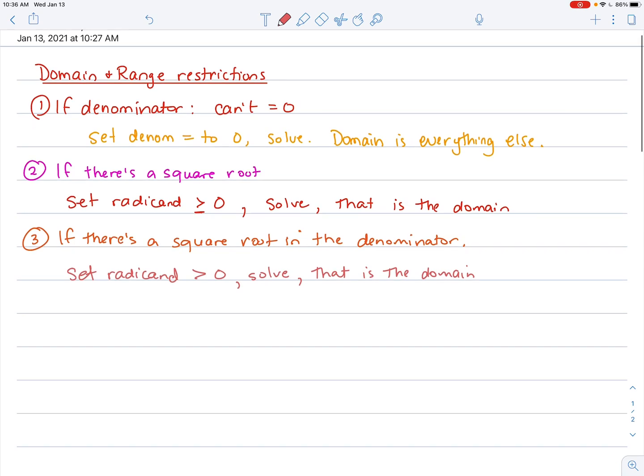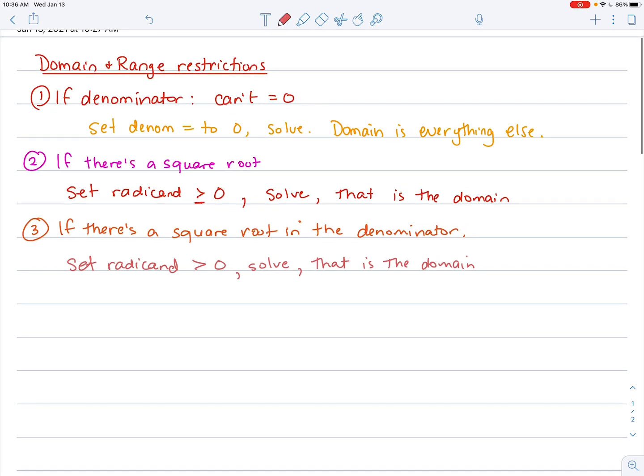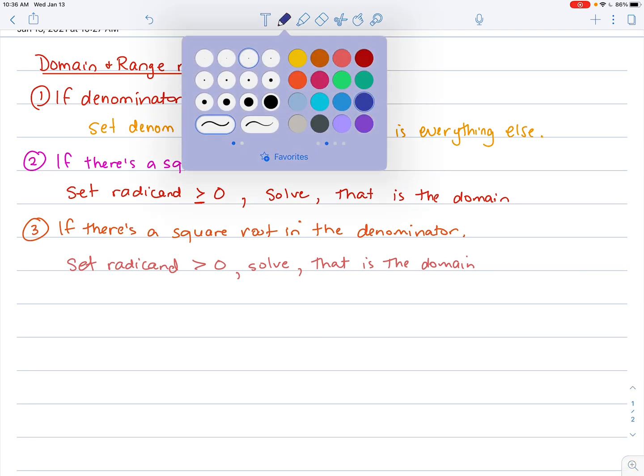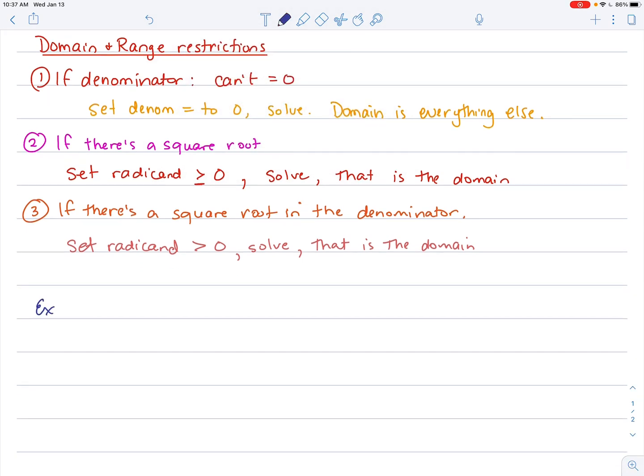The ones with the radicals are going to have a domain that's an inequality, and you're going to write it as an interval. But the ones that just have a denominator with no radical, the domain is going to be almost every number. It's just going to take out a number or two that make the denominator 0, depending on if the denominator is quadratic or not. So here are examples.